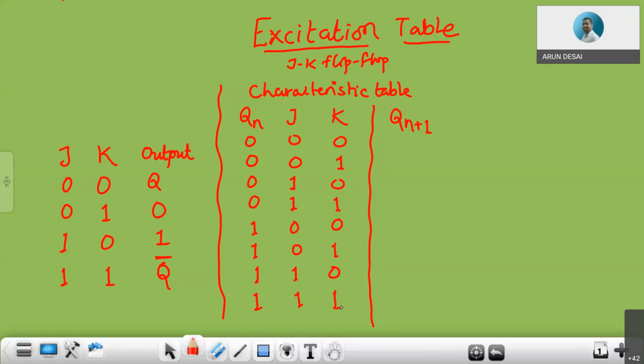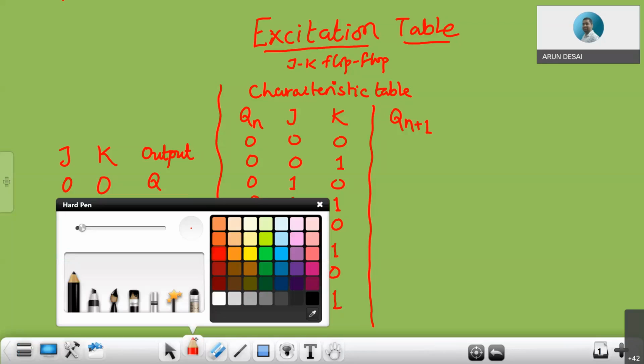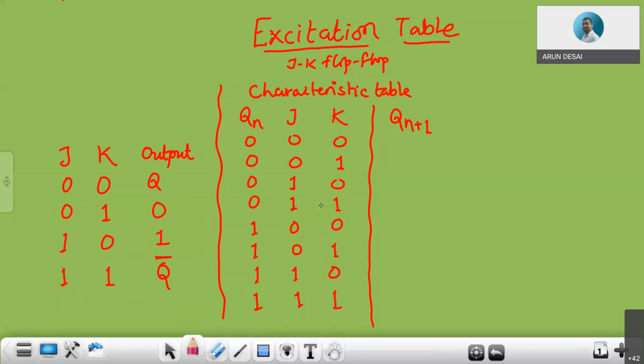Those are all the combinations based on three variable inputs, right? So there are totally eight combinations present over there, right? So we'll identify what my next output is. We need to check based on inputs and previous output. So this is my 0th combination. At that moment, what should be there, right?